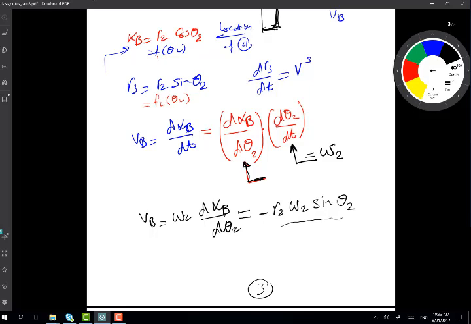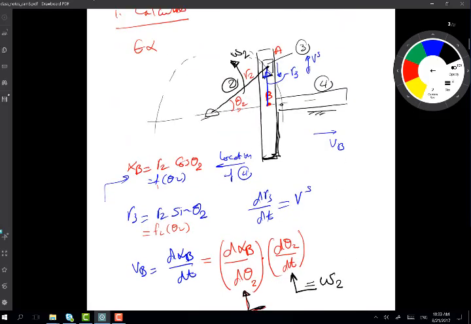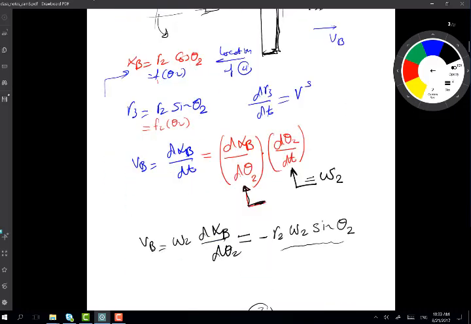And then as theta 2 goes above pi, the crank is coming back in the other direction, so you get a positive value for the velocity because the slider 4 is going in the right direction.